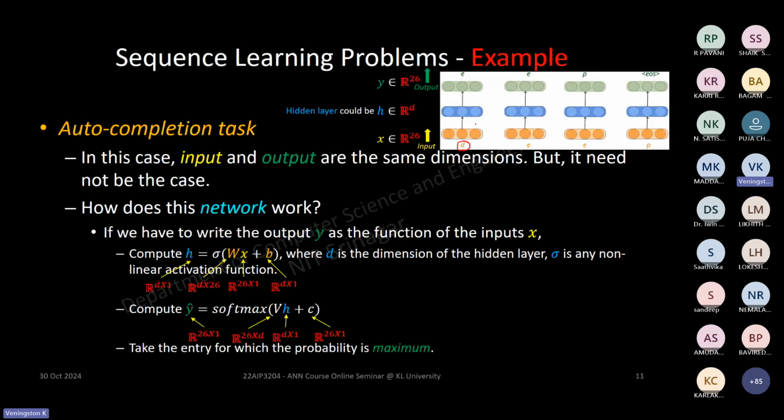So now the input is going to be of size 26, and even the output is also going to be of size 26. This is just one kind of sequence learning problem where input and output are of the same size.